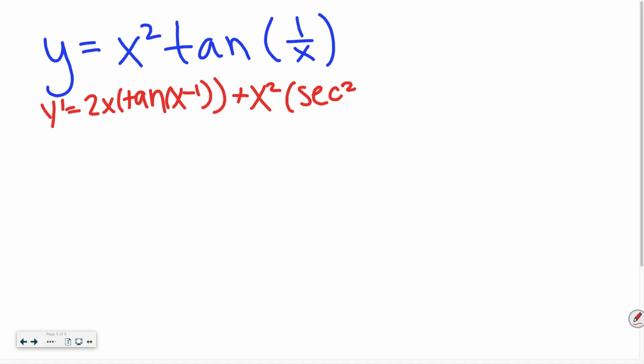You just keep multiplying by the derivative inside. What's the derivative?